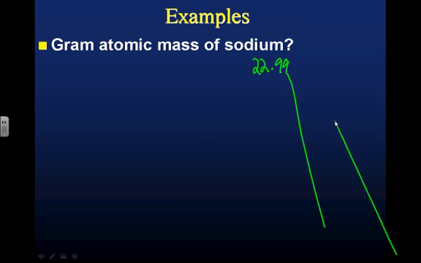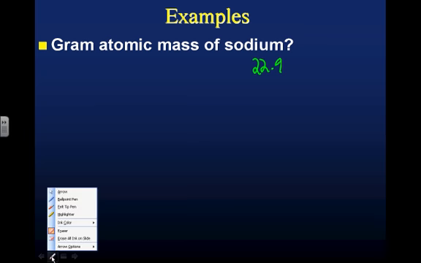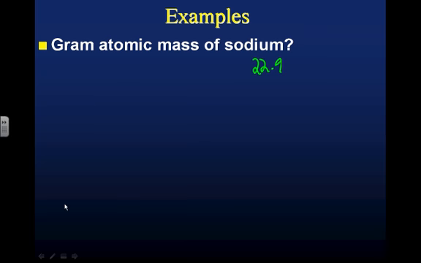AMU, if you're talking about just atomic mass. But we're talking more molar mass here. So the unit is, it's how many grams there are in what? 1, not atom, not molecule, mole. So it's grams per mole, which is how many molecules or atoms or whatever you're talking about, 6.02 times 10 to the 23rd.